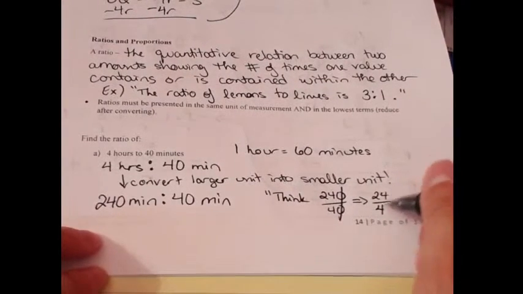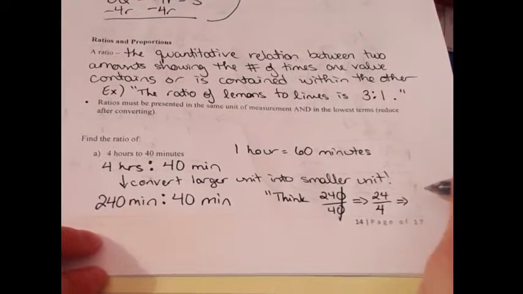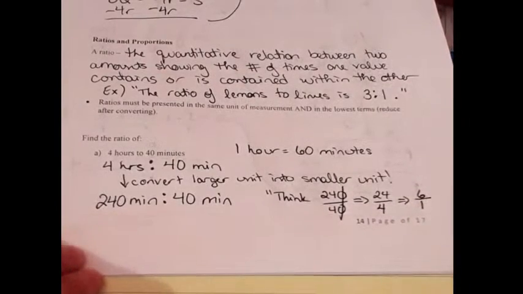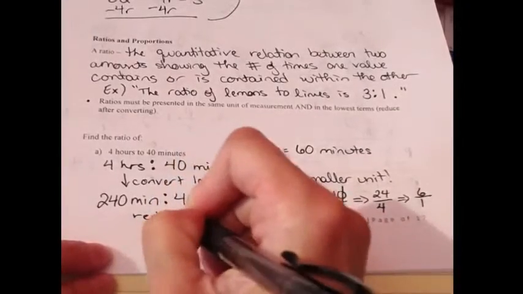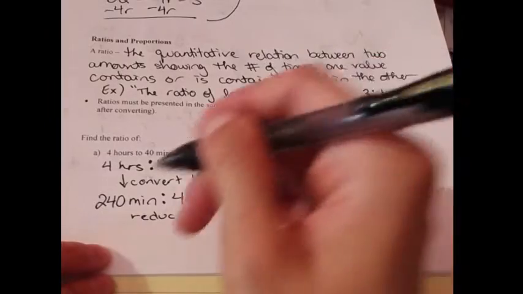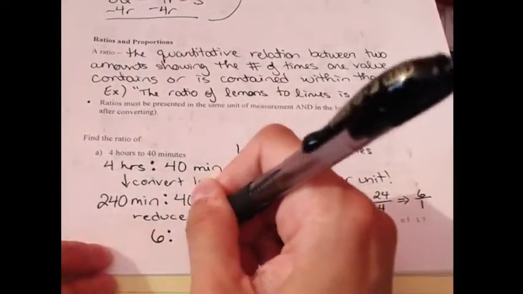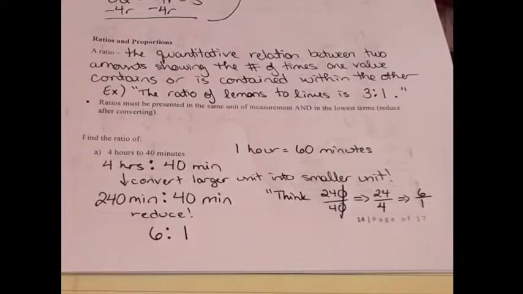Notice that we are able to divide each of these by 4. So 4 goes into 24 6 times and 4 goes into 4 once. So our ratio, and I'm going to make a note here, reduce, our ratio becomes 6:1. Okay, and that is a ratio in simplest terms.